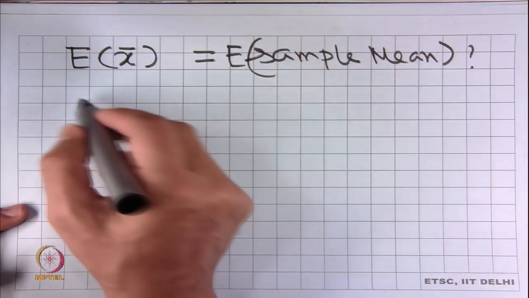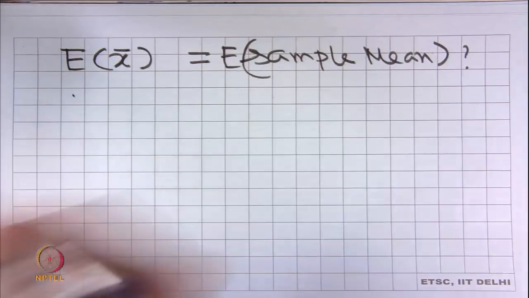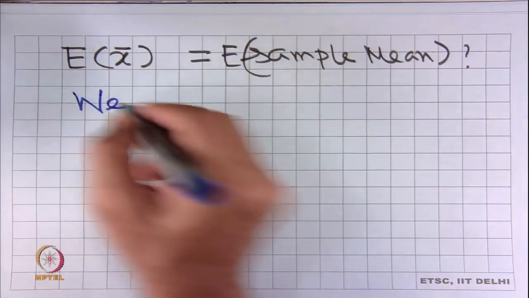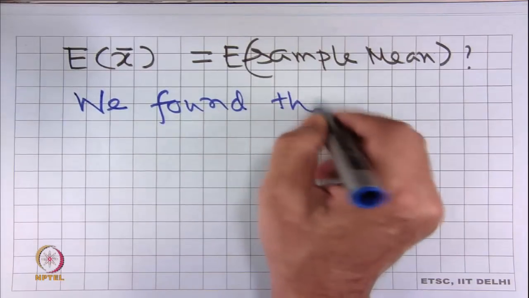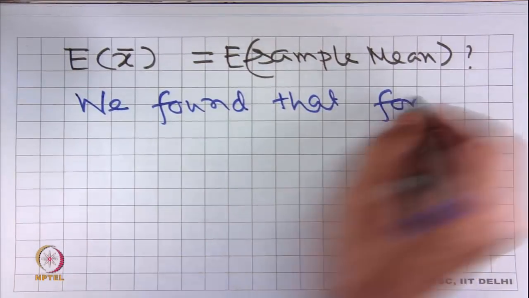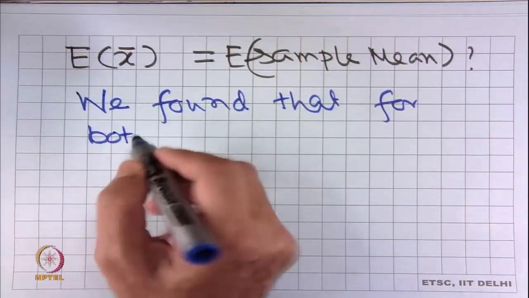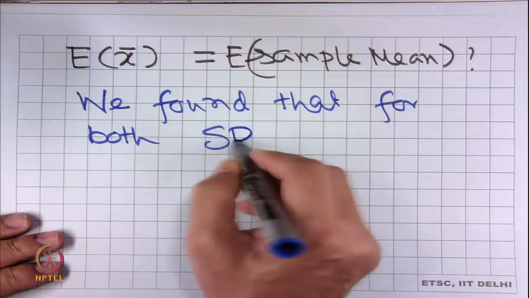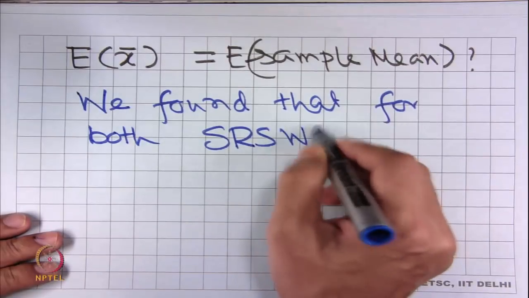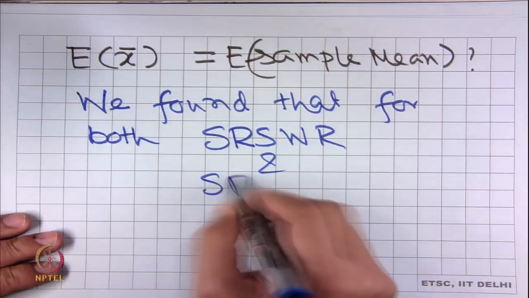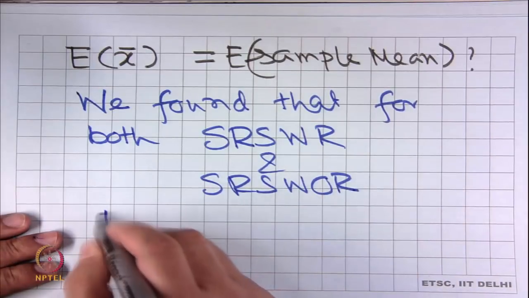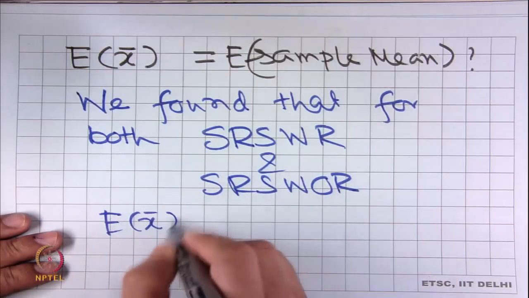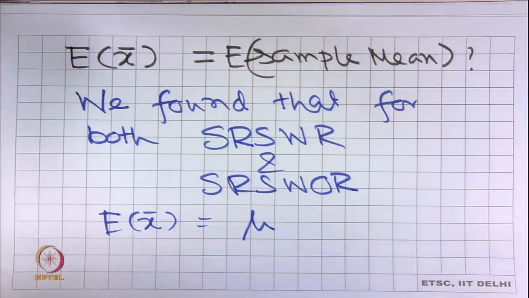We have found that for both SRS WR and SRS WOR, the expected value of x bar is equal to mu.